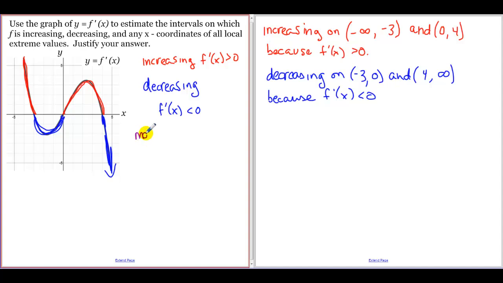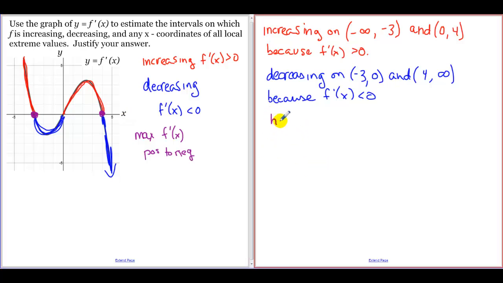We have a max when our derivative changes from positive to negative. So where does our derivative change from positive to negative? When am I going from a positive number to a negative number? At x equals negative 3, and positive to negative, x equals 4.